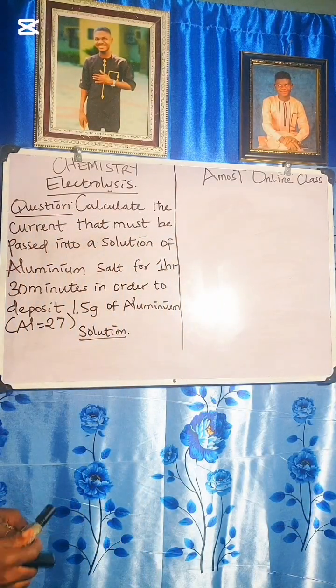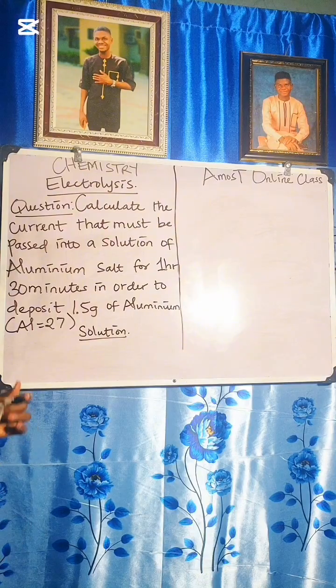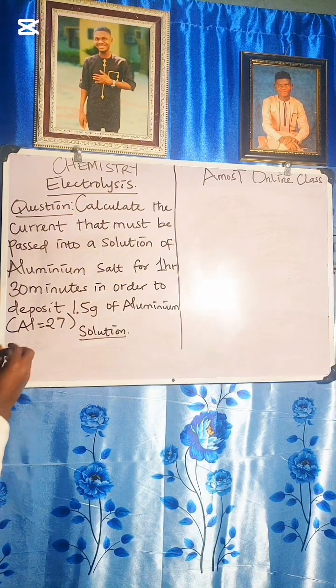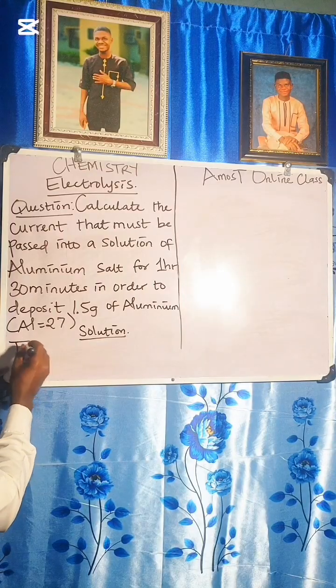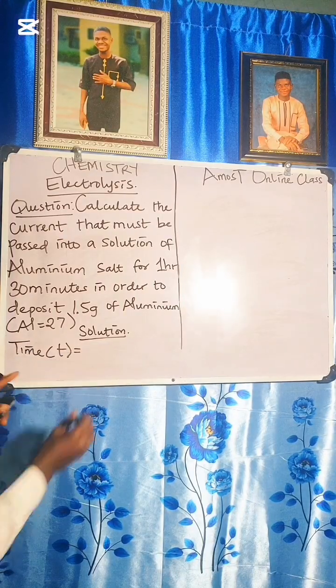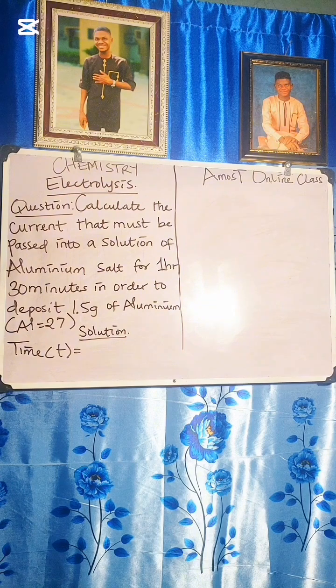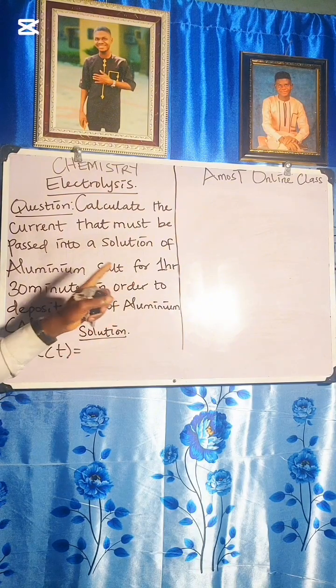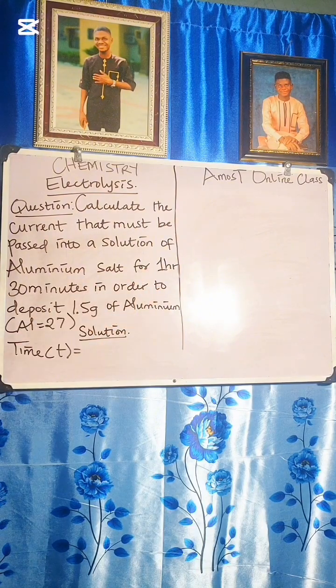Now, from the question, the time given is 1 hour 30 minutes. So first we need to convert 1 hour 30 minutes to seconds. And how do we do that? First, note that 1 hour is equal to 60 minutes.